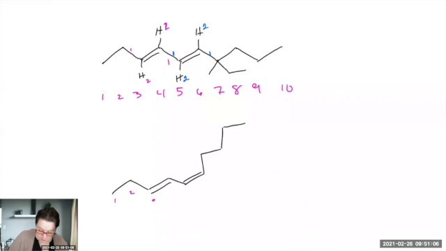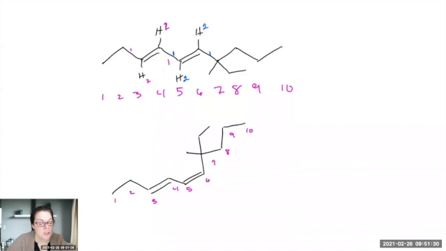1, 2, 3, 4, 5, 6, 7, 8, 9, 10. Okay. Carbon 7, I'm going to put back in my ethyl and methyl groups. Okay.